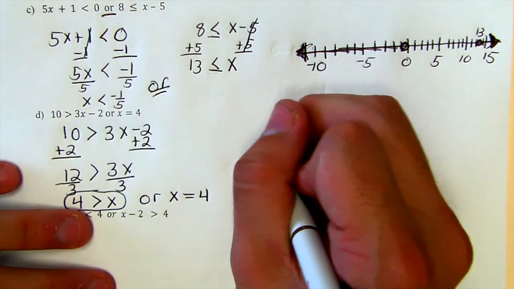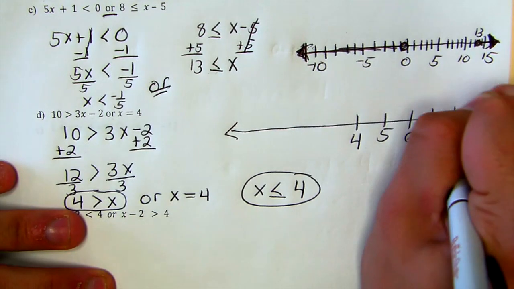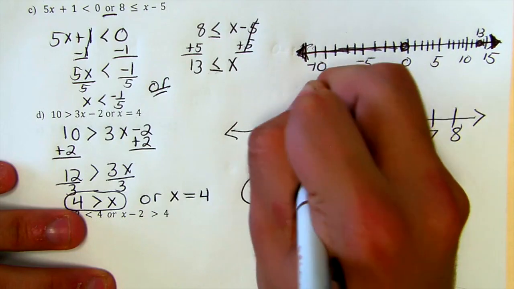And since we combined this together, on our number line, I'm just going to put 4 in the middle, and go up 5, 6, 7, 8, and then go down 3, 2, 1, 0, negative 1.